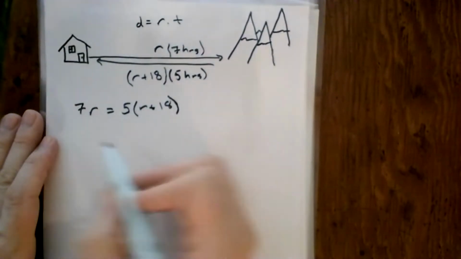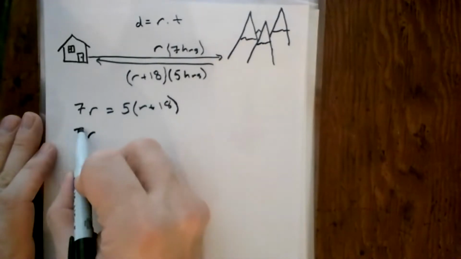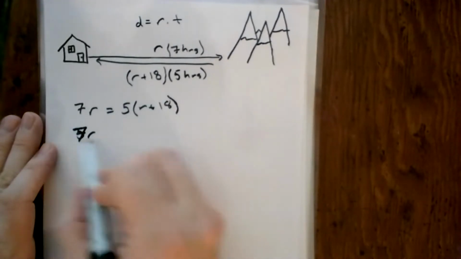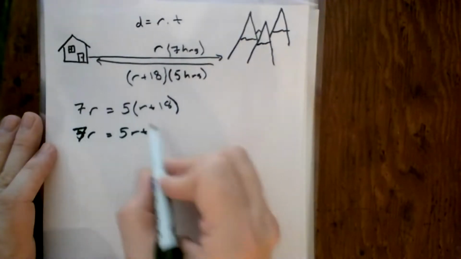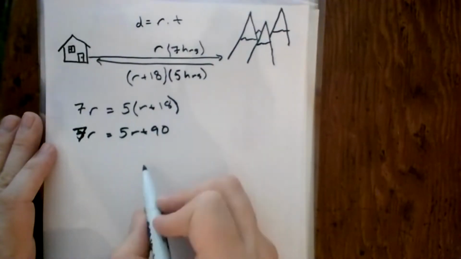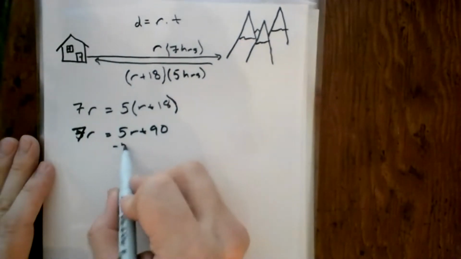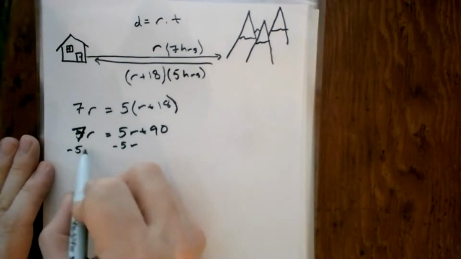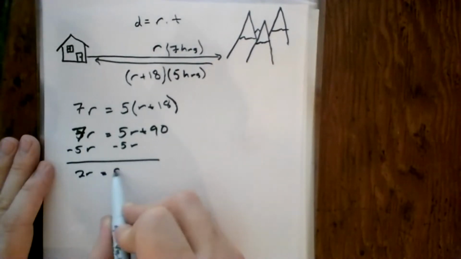I've got my rate times time. Well, let's figure out what this is going to look like. We've got 7r is equal to 5r plus 5 times 18, which is 90. Then I'm going to subtract 5r from both sides. So I've got 2r is equal to 90.